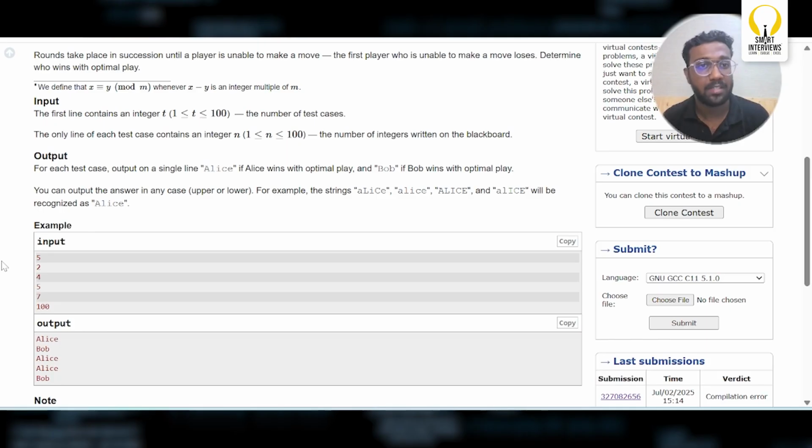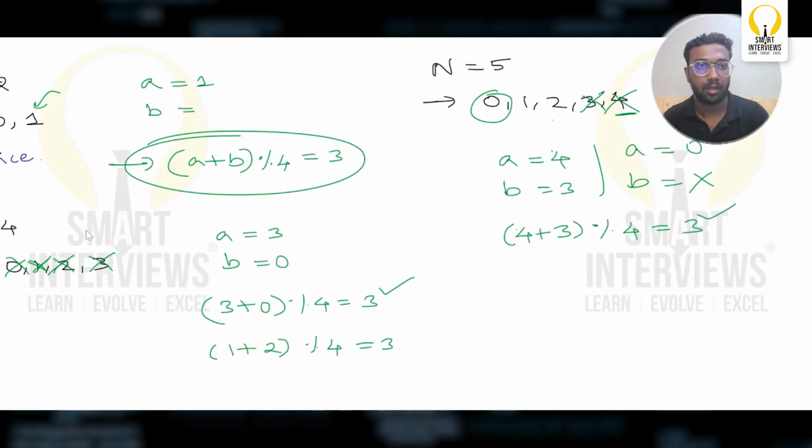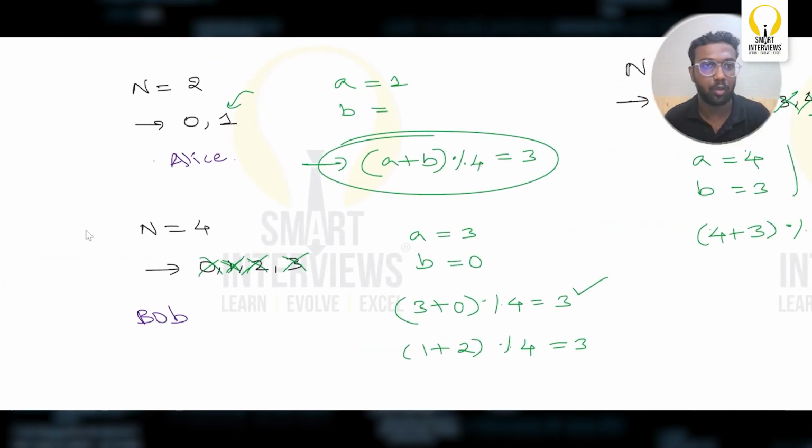So what is the thought process behind it? Let's just see for these test cases. When n equal to 2, Alice was winning here, because when Alice picks any integer, Bob doesn't have an integer such that he can make this condition satisfied. Hence Bob loses. N equal to 4.